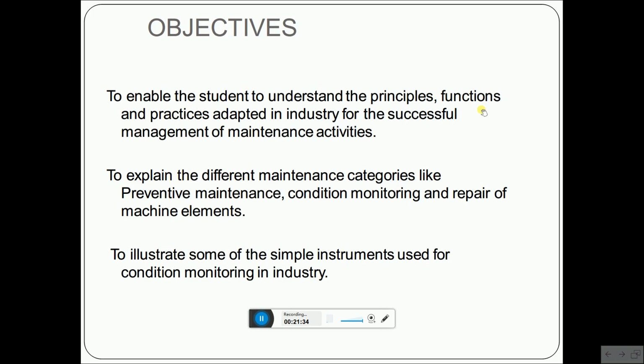So we want to understand the principal functions and practices adopted in industry for successful management of maintenance activities. By the end of this lecture, you should be able to explain maintenance categories, what the different types of maintenance are, and you'll be able to illustrate some simple instruments used for condition monitoring in the industry.